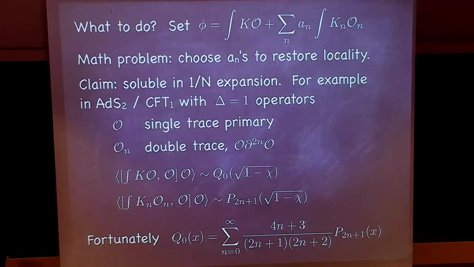And then let's start calculating commutators. So I can take my single trace operator, smear it into the bulk, take a commutator with an operator on the boundary, and put that commutator inside a 3-point function with some other operator on the boundary. So this is basically the bulk-boundary mixed 3-point function I wrote down earlier.